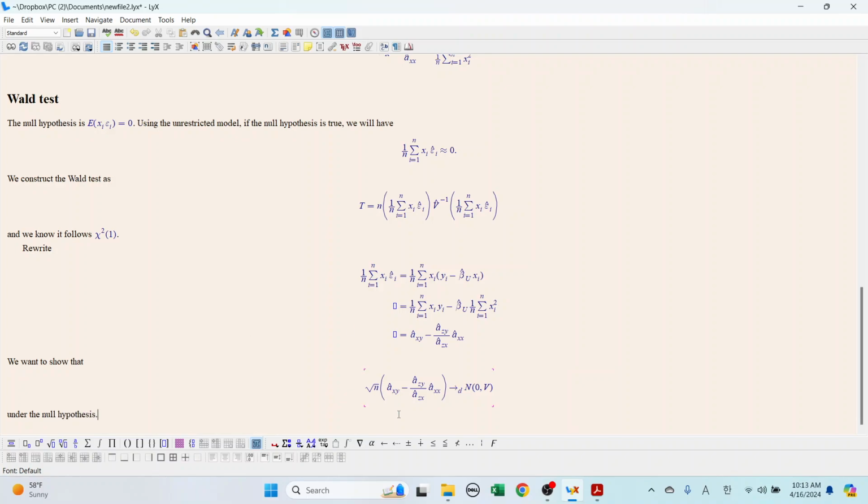Under the null hypothesis, the expectation of this guy will be 0, so you don't need to subtract the mean, and we hope this converges to something very nice, a normal distribution with variance V. How can we do that?